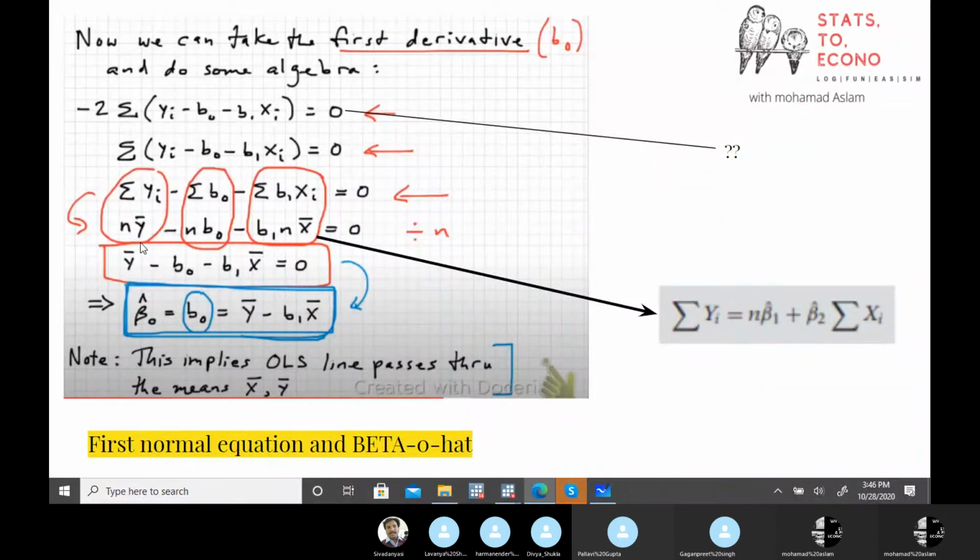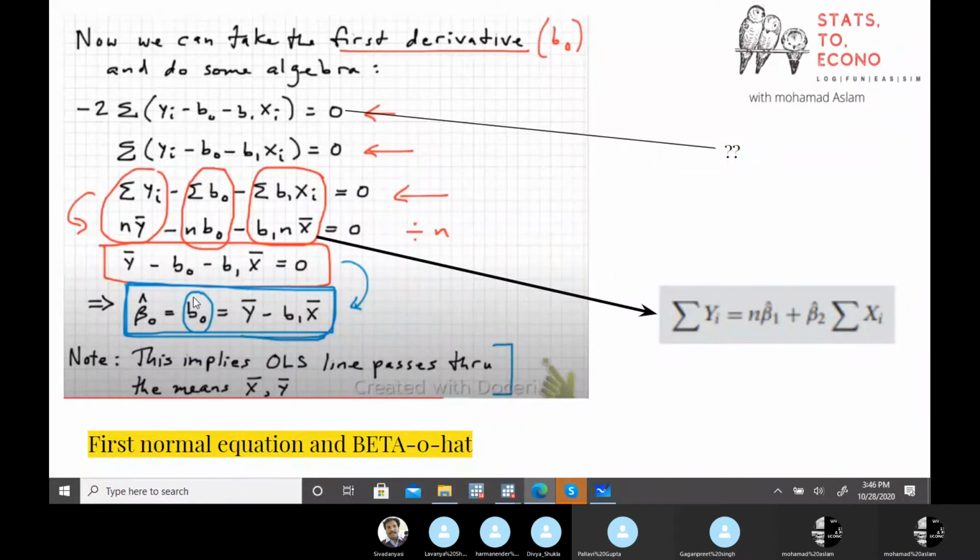Now if you divide this equation by n on both sides, the n cancels out, and 0 by n remains 0. So you are left with this equation, and from here you can isolate beta 1 hat, or beta 0, and it is equal to y mean minus beta 2 hat, the slope coefficient, multiplied by x mean.